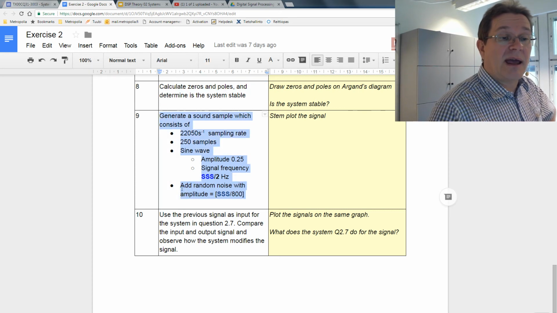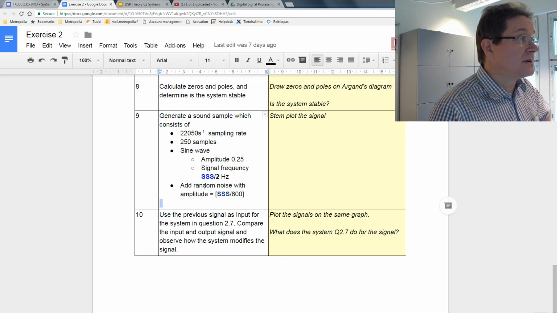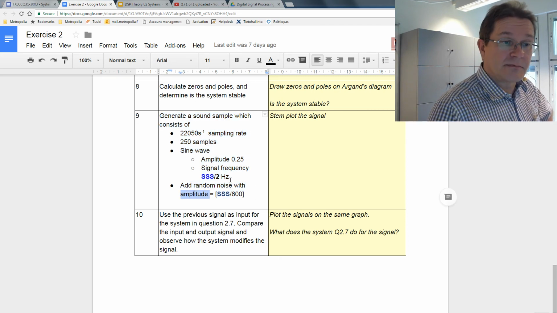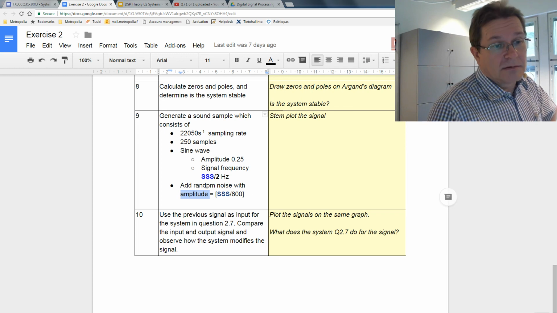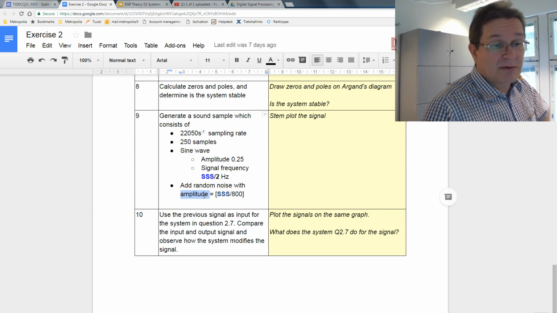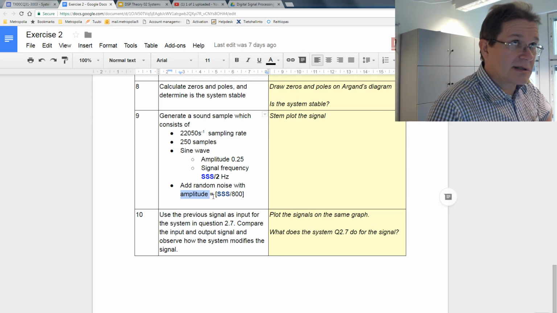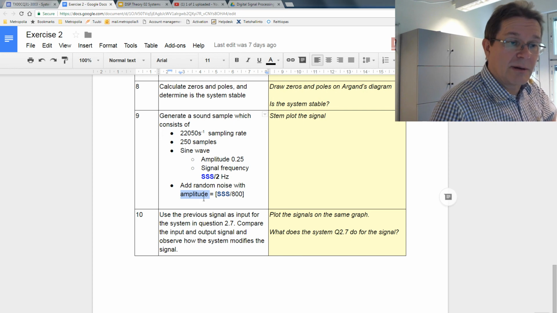Okay, here I have add random noise with amplitude, meaning this is directly the scaling term for that random number. Well, that would be the deviation, not quite the amplitude. But anyways, you just multiply your random numbers with this.